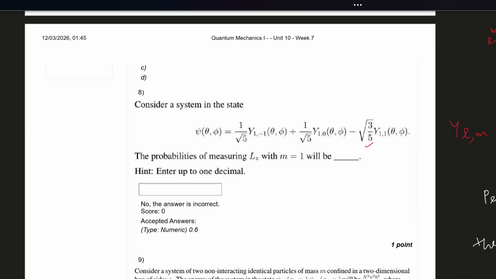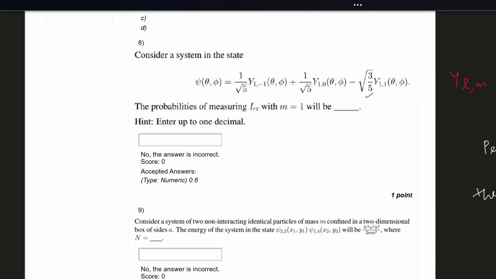So what is the probability of y11 theta phi out of this psi, which is basically y11.